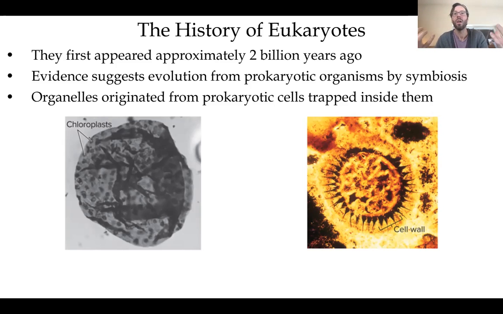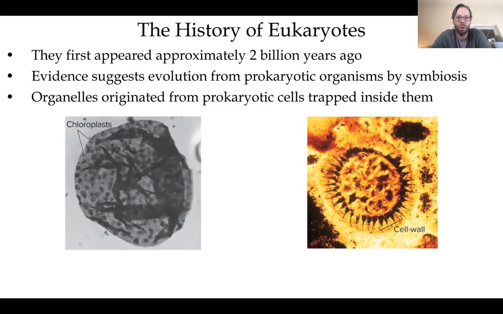It now has organelles that were once an actual prokaryotic organism that was engulfed, internalized into another prokaryotic cell and co-opted and used. Okay, and one of the early and most easy to grasp examples would be chloroplasts.